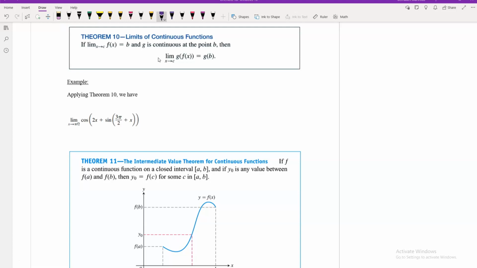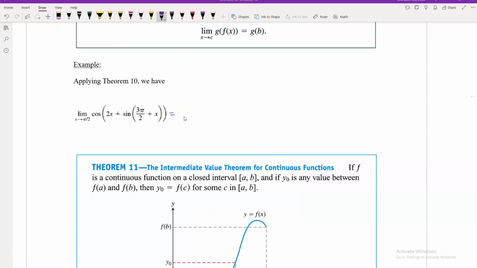So limit of cosine, here inside we have 2x plus sine of 3 pi over 2 plus x, and here in this case x approaches pi over 2. So this is equal to cosine.